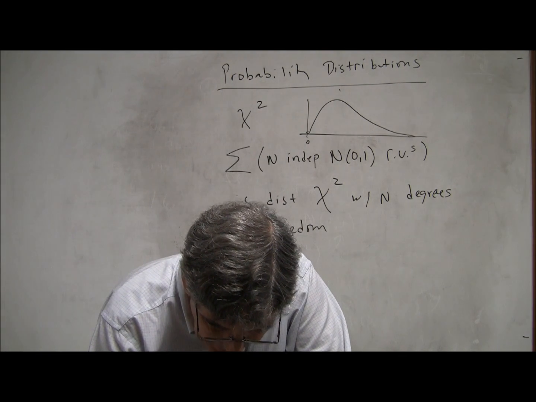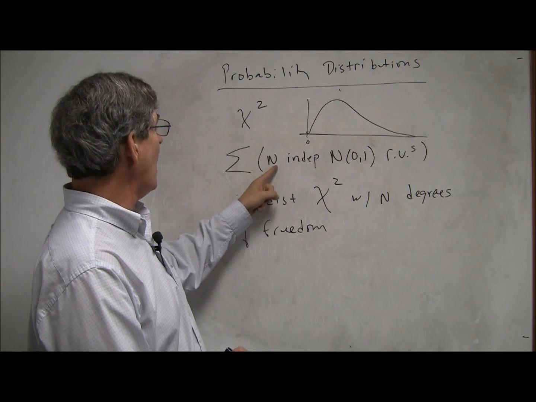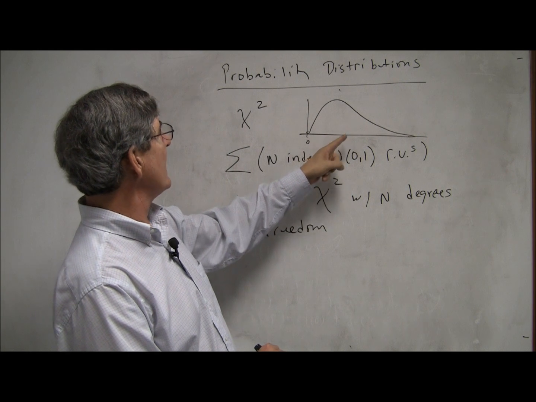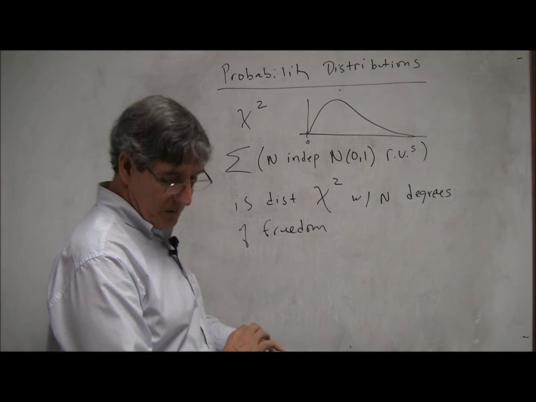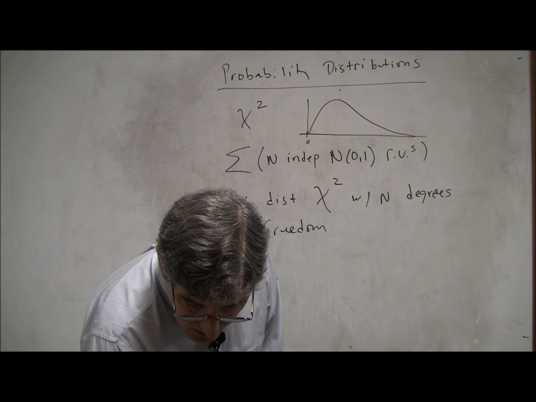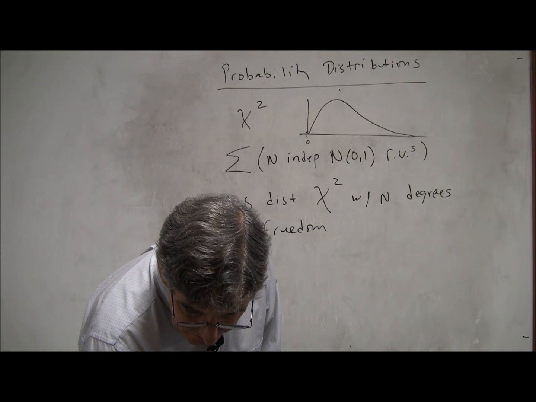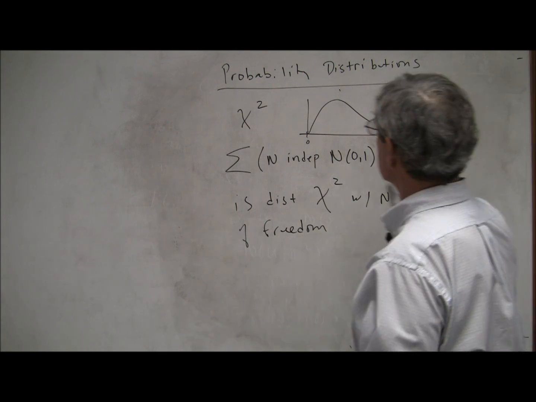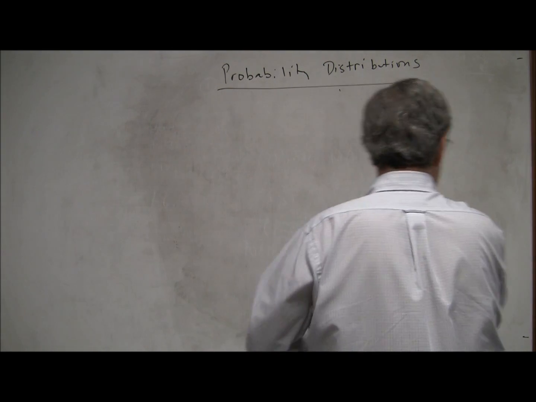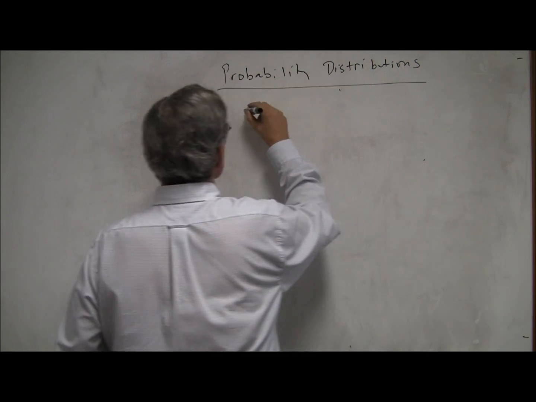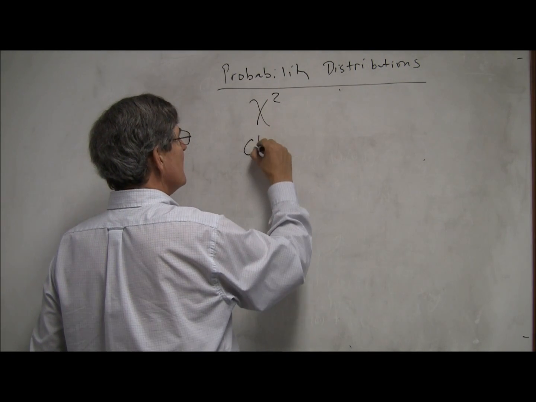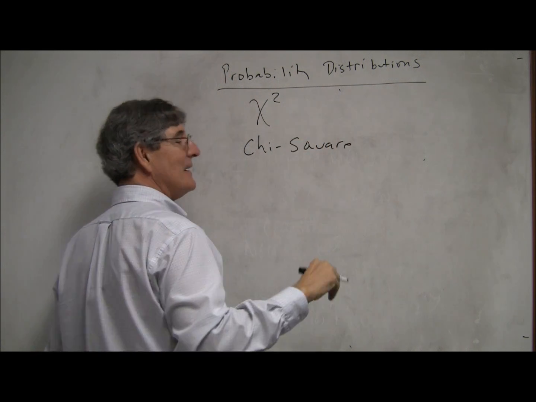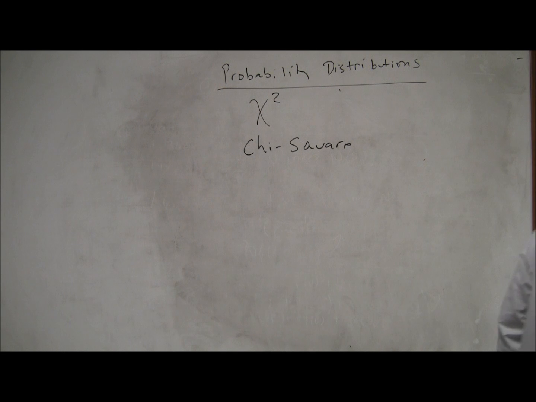In fact, if you let the number of random variables you're adding up get very large, this starts to look more and more like a normal. But that's not something we need to worry about. So that's a chi-square. I guess I should have written it down. This is the English way of writing it.